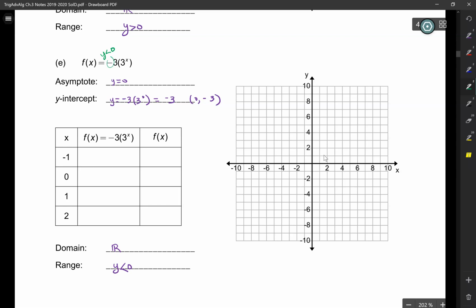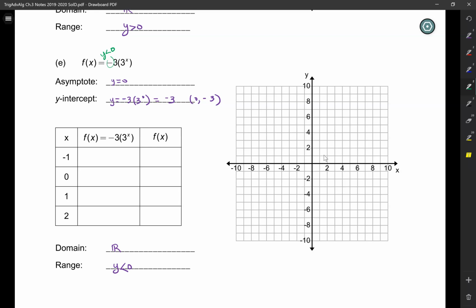Okay, so for a range, you look at the sign, plus or minus, of here. If it's positive, it's y is greater than. If it's negative, it's y is less than. Okay? The other one is growth and decay, and that doesn't have anything to do with the range.